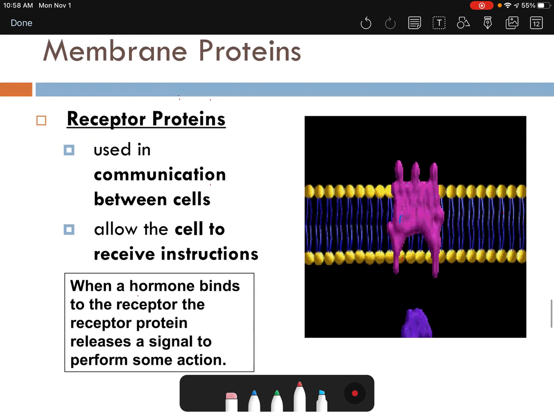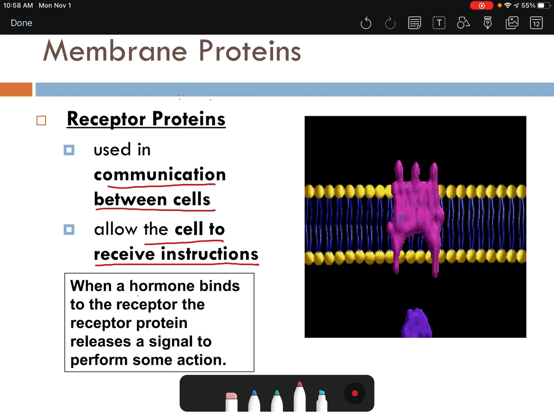The second type is a receptor protein. That receptor protein helps to communicate between cells. It'll send information from the outside of the cell to the inside of the cell, okay? So it kind of receives that information.